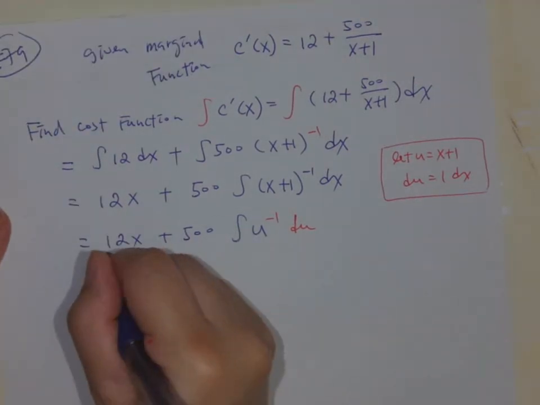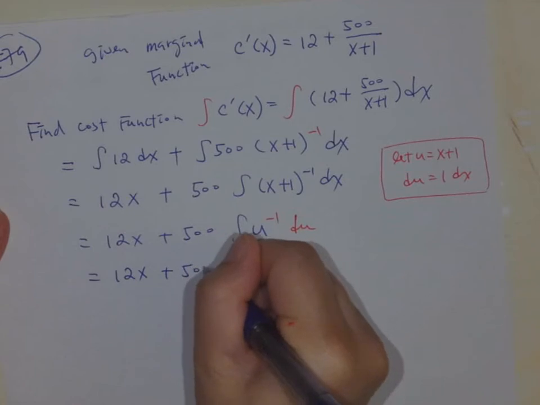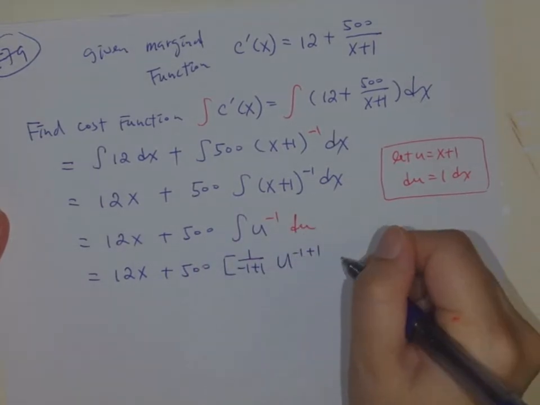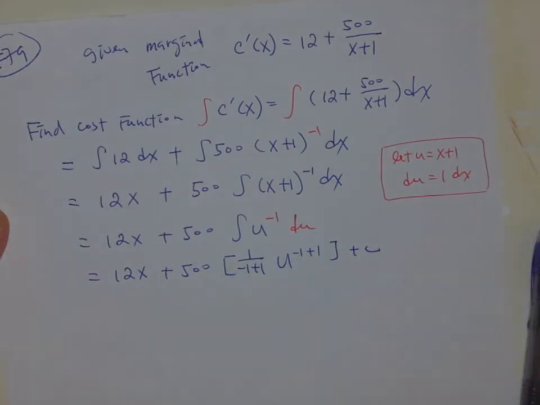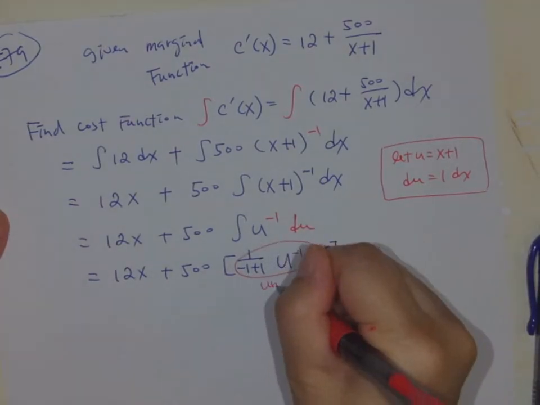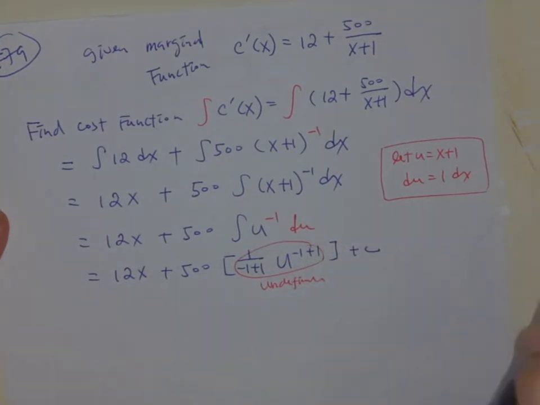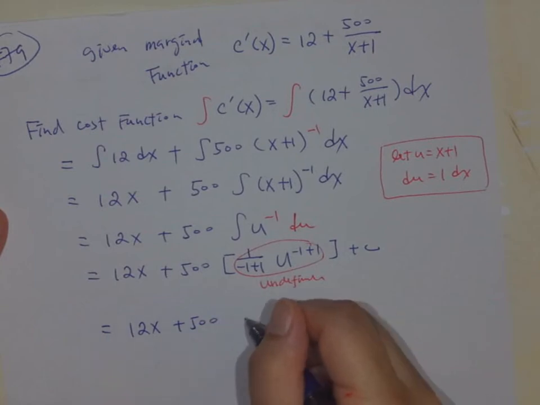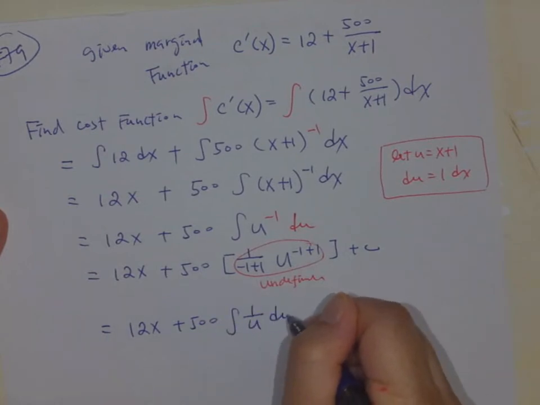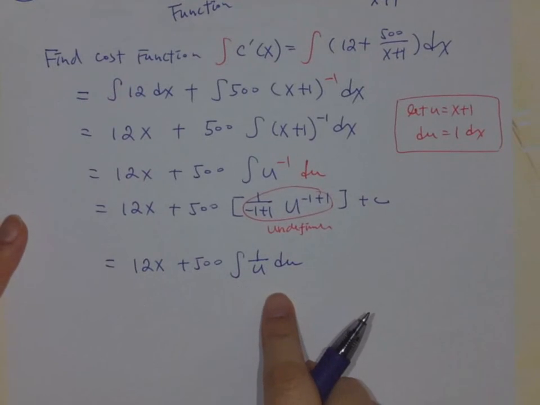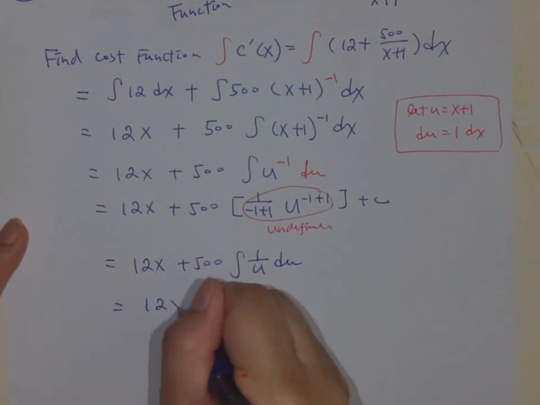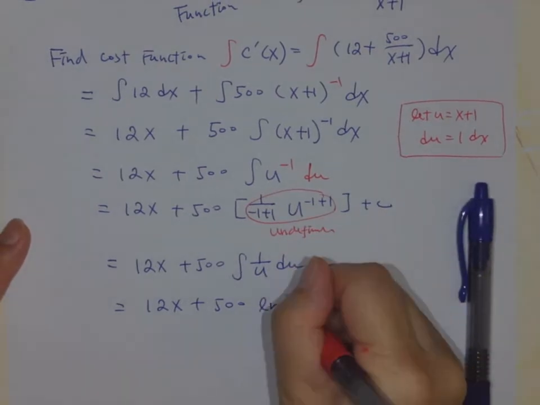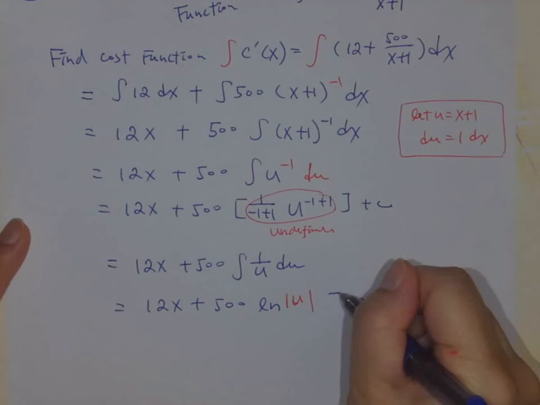Just to be careful, this is the one we talked about earlier. If you do it the normal way, 1 over negative 1 plus 1, u to the negative 1 plus 1, this part would be undefined. So do you remember what that was? This is basically taking the integral of 1 over u du. That's the special one, which is ln. So 12x plus 500 ln of u, and then add a c.